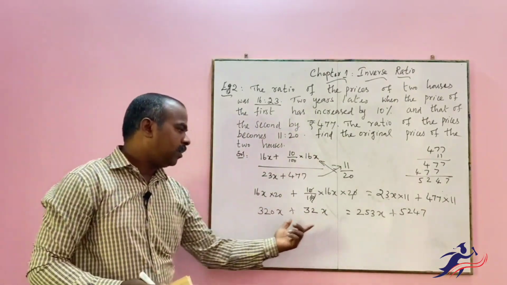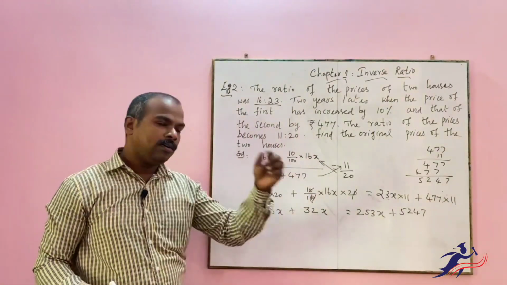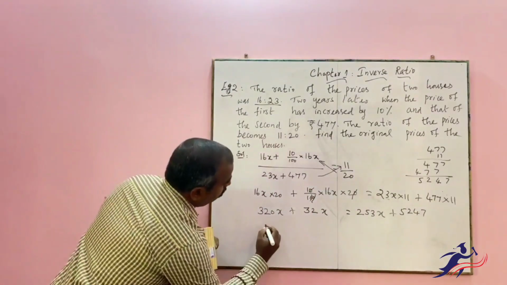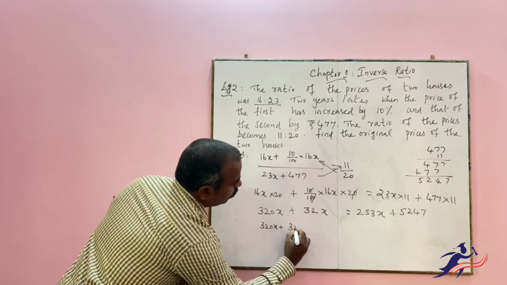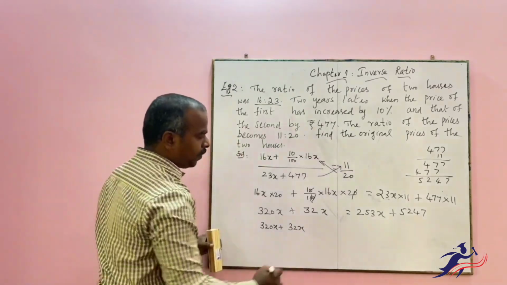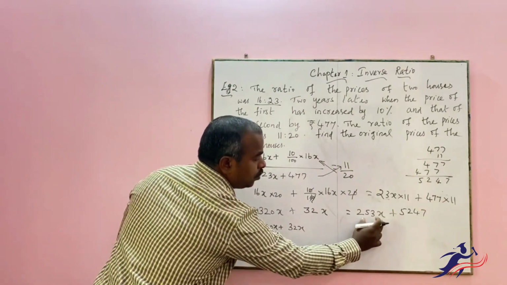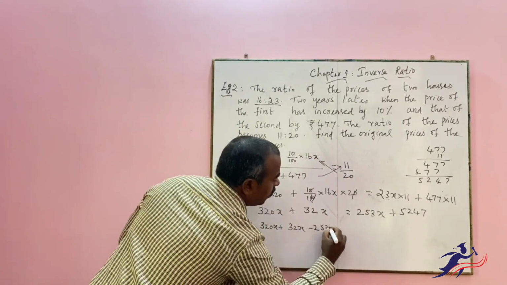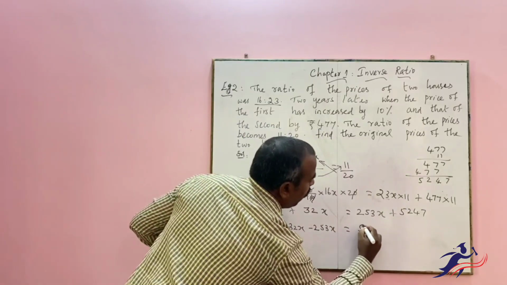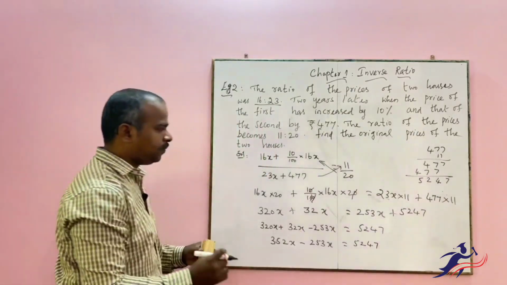Now bring all the x values to one side. So 320x plus 32x, this 253x comes here, minus 253x, is equal to 5247.